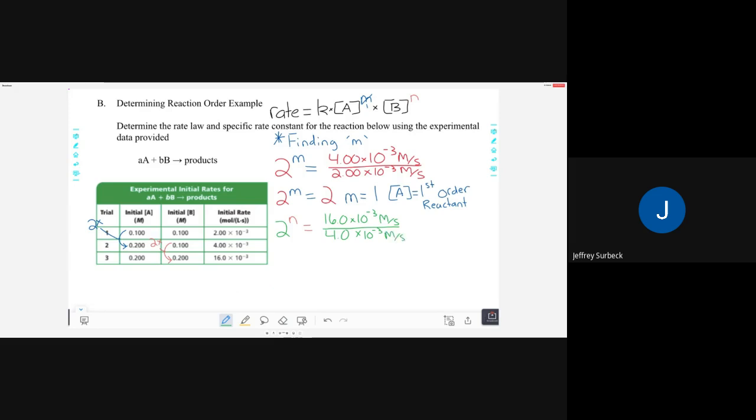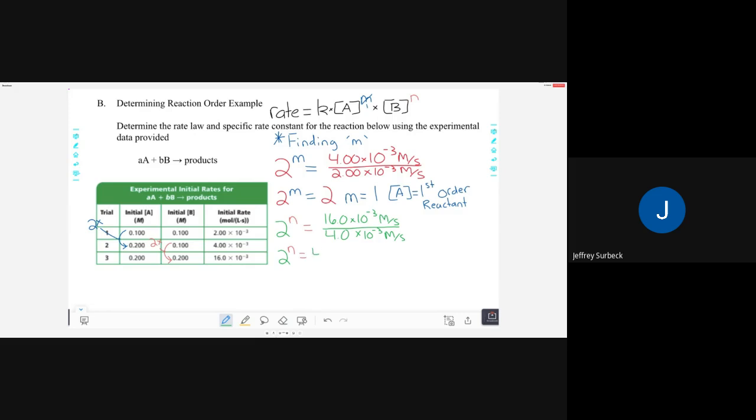Okay, so again, we consolidate this down. We say 2 to some power n equals what happens when we take 16 divided by 4. We get 4, okay?